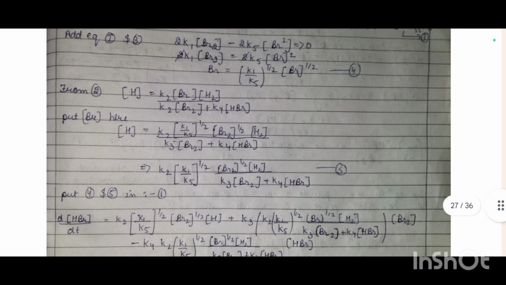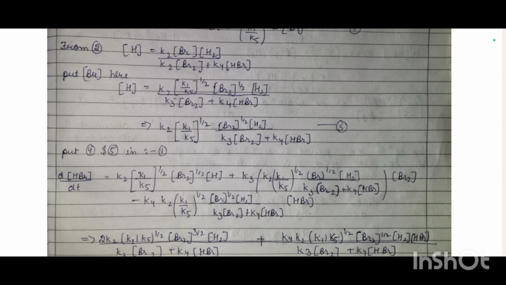Putting in the Br concentration, [H] = k2(k1/k5)^(1/2)[Br2]^(1/2)[H2] divided by (k3[Br2] + k4[HBr]).